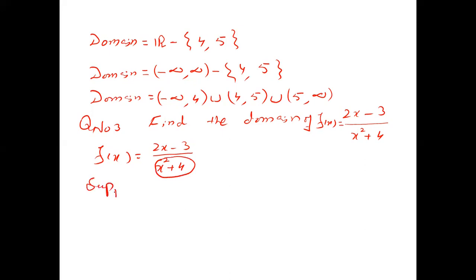So simply write x square plus 4 is not equal to 0. So x square is not equal to minus 4. We are dealing with real numbers. If we take its square root, it becomes imaginary.